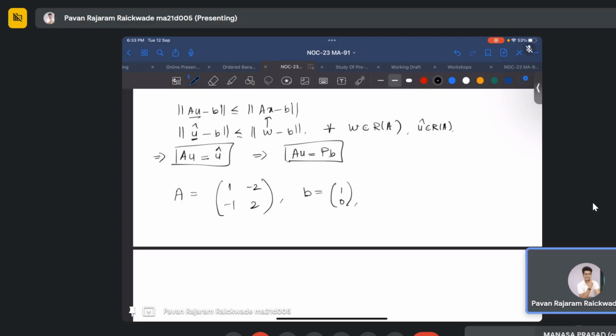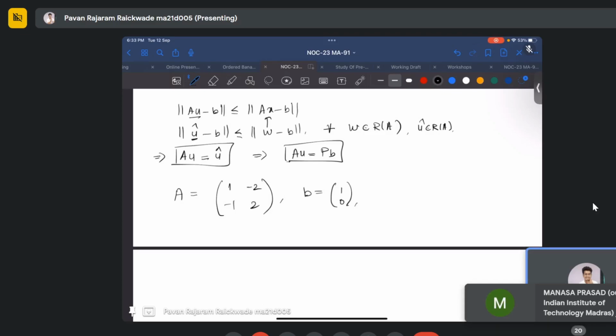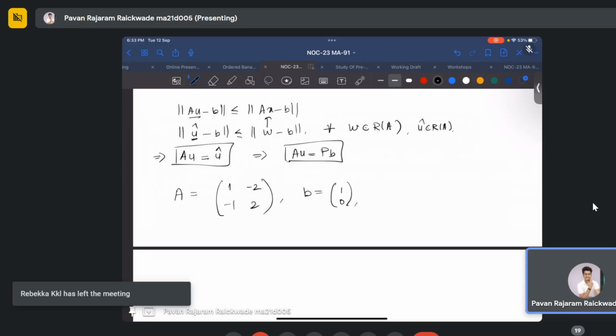This 1, 0 belongs to the range of A, is it? Then can you give me a pre-image? Not belongs to range space of it. What? This element B in fact does not belong to range of A. How do you check that?